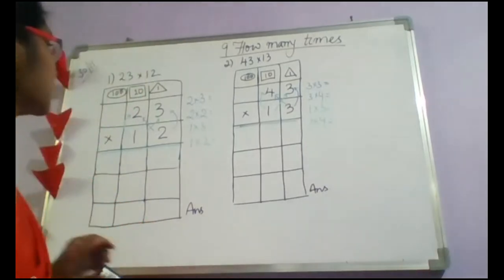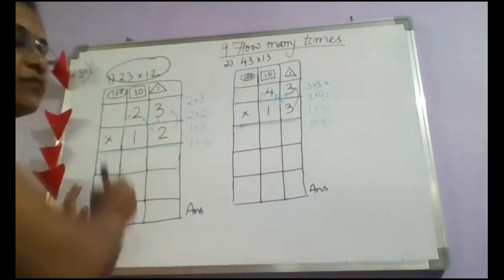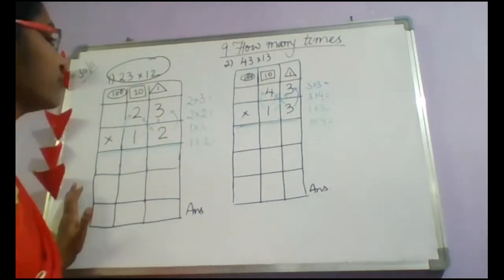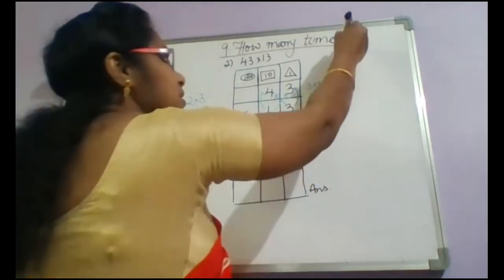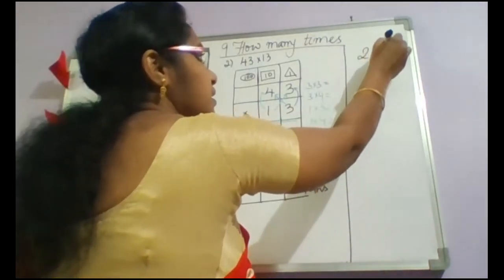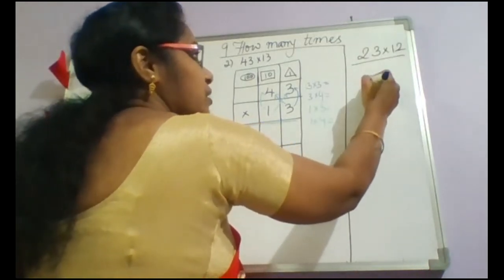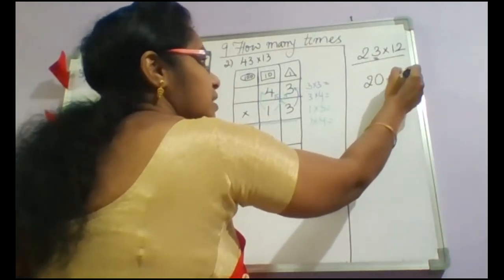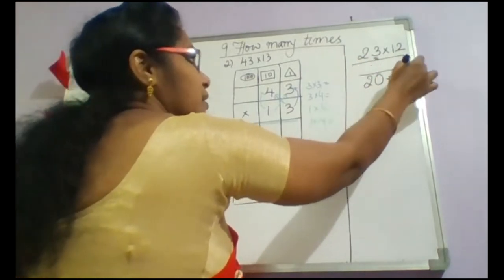Now look at this. We are trying to multiply 23 into 12. This already you have learned in the expansion method. Hope you remember. How did you do it in the expansion method? Just I'll show you once again what you have done in the previous class. You write 23 and expand it in terms of ones and tens, that is 3 ones and 2 tens, that is 20, right?